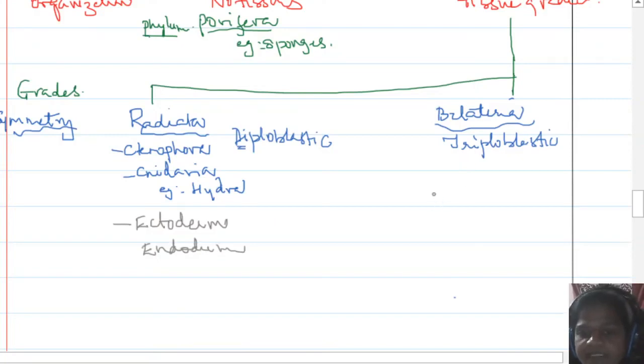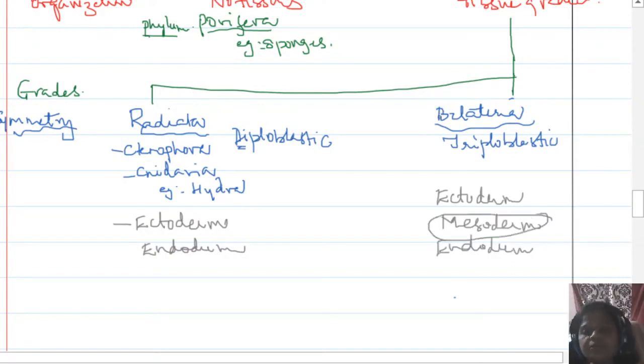Here triploblastic you have ectoderm, endoderm, and mesoderm. There's a new one here. So there are two grades, radiata and bilateria. They are also called diploblastica or triploblastica as far as grades are concerned. When it comes to the layers, it has two, ectoderm and endoderm. It has three layers, ectoderm, mesoderm, and endoderm.